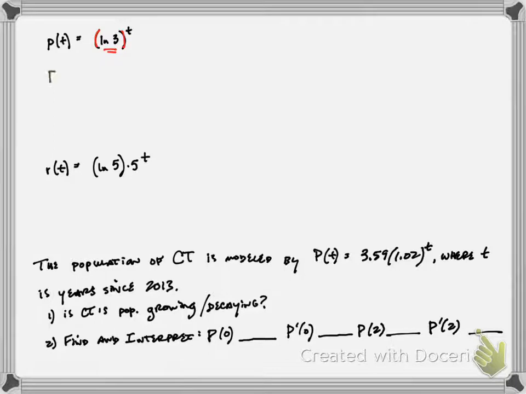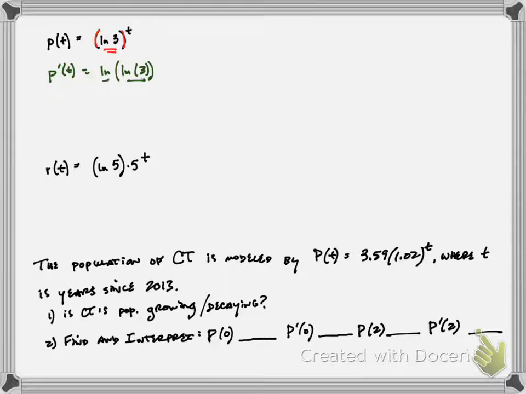But if p of t is natural log of 3 to the t, then p prime of t, let's think about this for a second, it's going to be the natural log of a, so that's the natural log of the natural log of 3, which is still going to give us a number because the natural log of 3 is a number, a constant, greater than 0, then we can take the natural log of it.